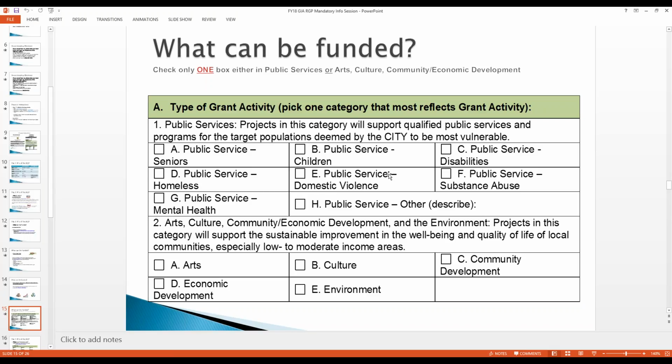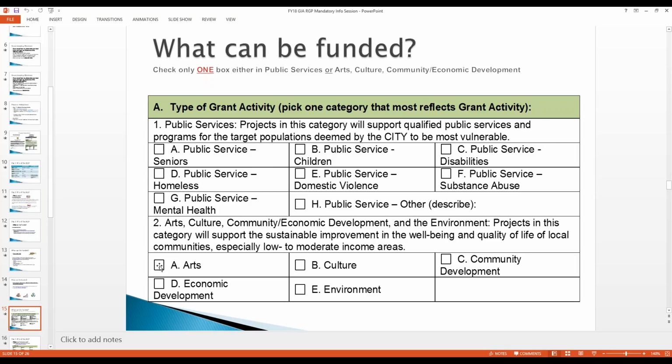Here you will have to select only one category within the whole table that most reflects your grant activity. Some people earlier thought that they have to check the population they're serving. Let's say if they're serving children and they're doing arts, so they will select children here and arts down in section 2. No, this is incorrect.